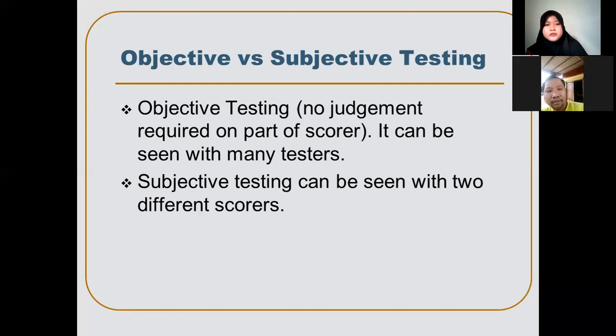But if the test is subjective, the test is meaningful when at least two different scorers participate in the test, and the scoring is very subjective. Okay, so this is the difference at this point. Okay, so next.